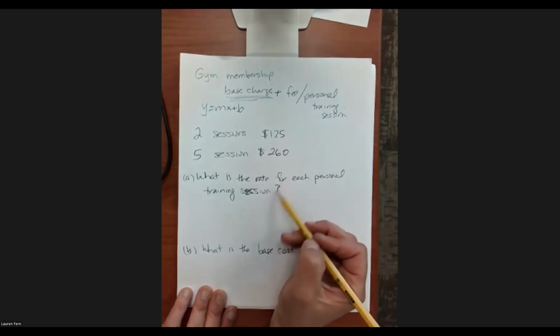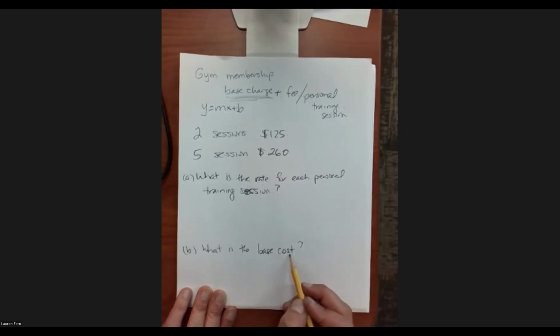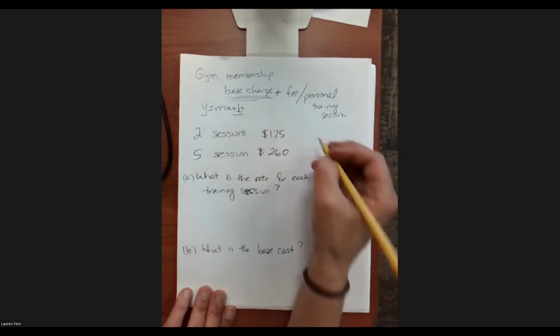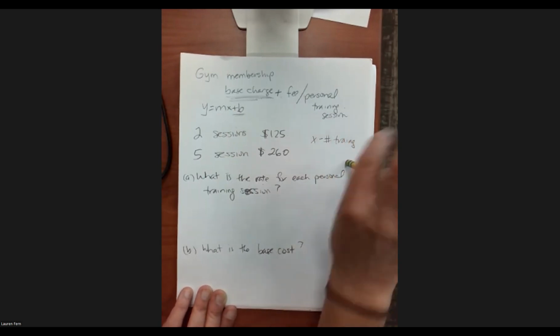What are we finding when we want to find the rate for each personal training session? That's our slope, right? That's our rate of change. And when we want to find the base cost, just for heading to the gym, what is that? Isn't that our b value? In other words, let's let x represent the number of training sessions.